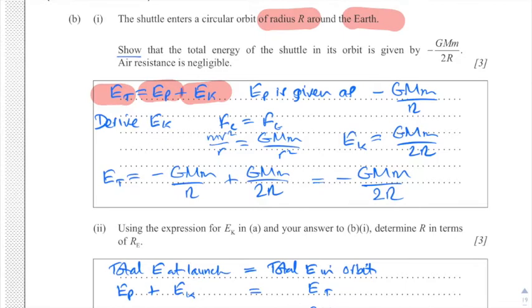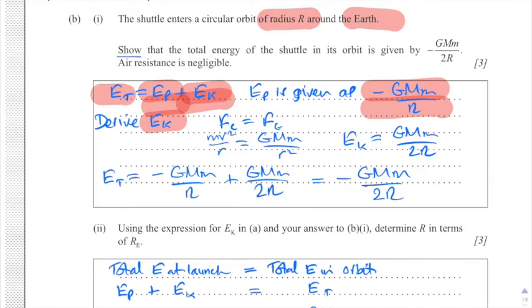orbit. Now we already know from previous parts and also in our data book that our potential energy in a radial field is given as minus GMm over r. You've got to derive a value for EK, because if we know the potential energy and we know the kinetic energy, we can then derive fully a value for ET.